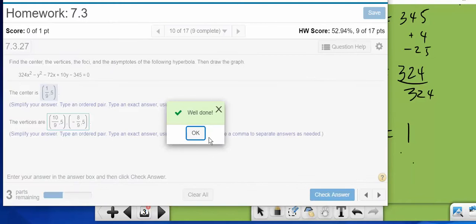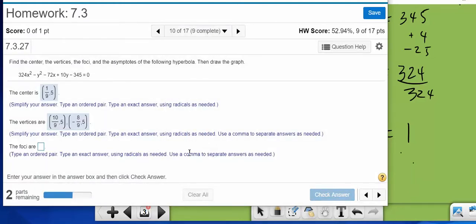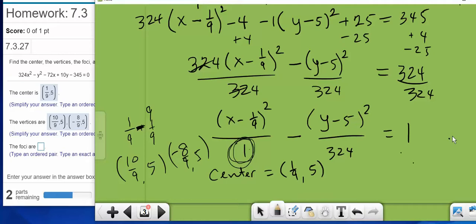Okay. And then the foci are, let's see, so we got to add these numbers. That's 325. Square root of that. Okay, well that's 25 times 13, and square root of 25 is 5, so it's 5 square root of 13.